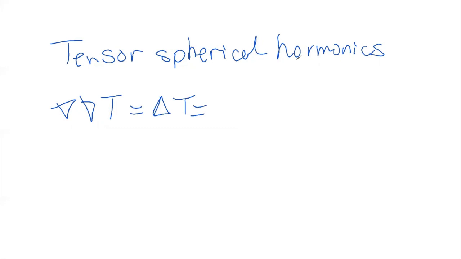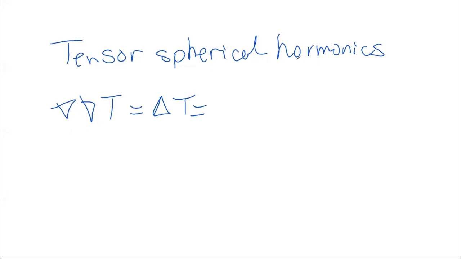Not Laplace, it's a divergence equation. And this equation can be expanded in terms of tensor spherical harmonics coefficients. The formula is a little bit long, and I explain it here.